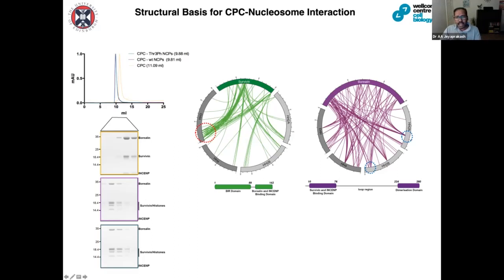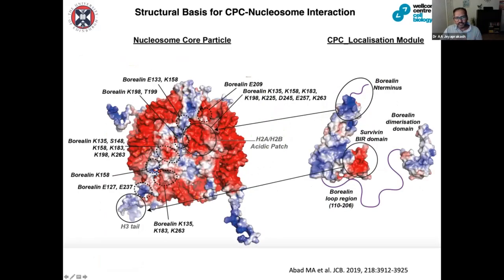So if you map these contacts onto the three-dimensional structures of nucleosome and the CPC, this is what we see. Here, the nucleosome and the CPC structures are shown in surface representation and colored based on the electrostatic surface potential.